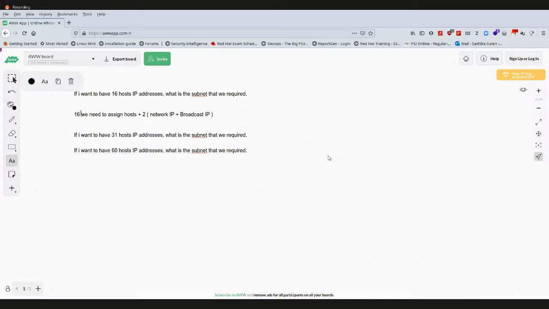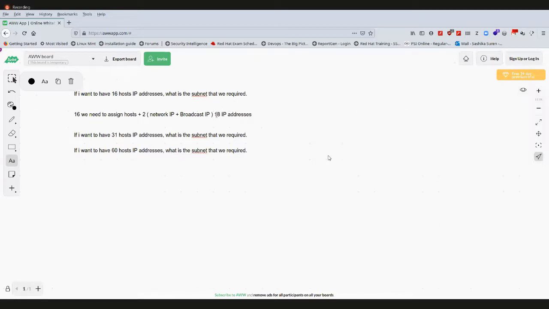So here we require two things: 16 plus another 2 IP addresses. Altogether, we need to decide the network subnet for 18 IP addresses.